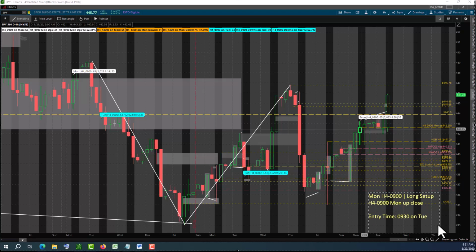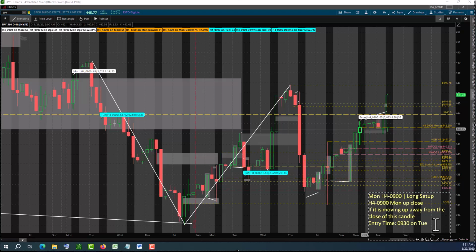So the idea is that if it's moving up away from the close of this candle, then the entry time is on Wednesday.